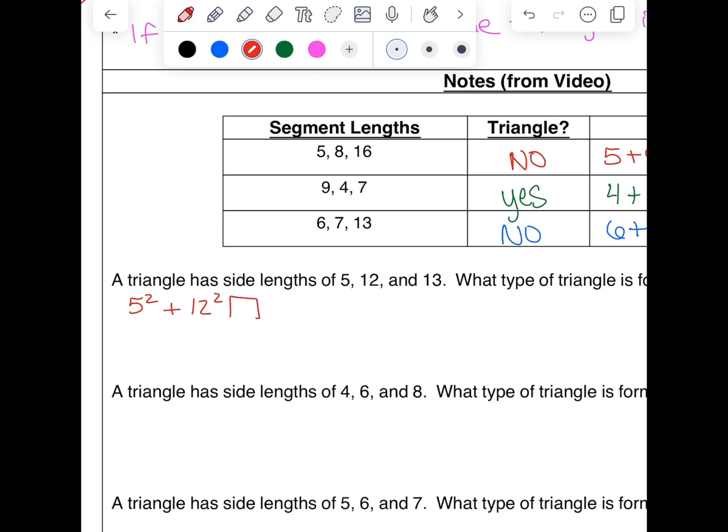I'm going to leave a blank space here because we don't know if this is going to be equal, less than, or greater than. 5 squared is 25, plus 12 squared is 144. 13 squared is 169. 25 plus 144 is 169, so we can fill in the blank: this is equal to 169.